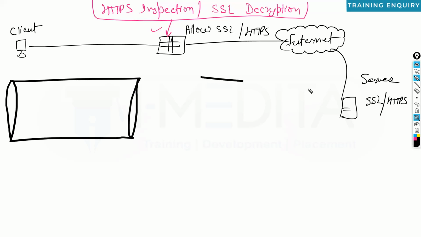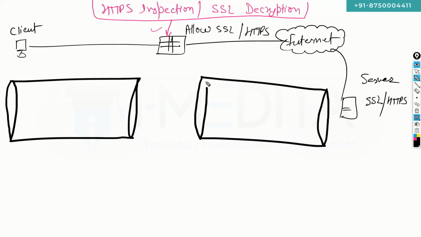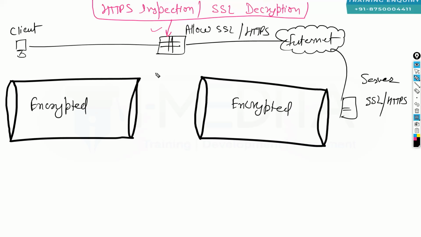And another session will be between the firewall and the actual server. When data is in the tunnel, only then can we say it is encrypted. But when data is available on the firewall, it is in plain text format.